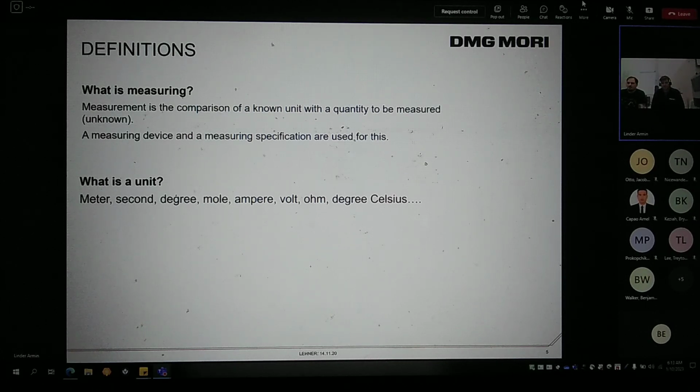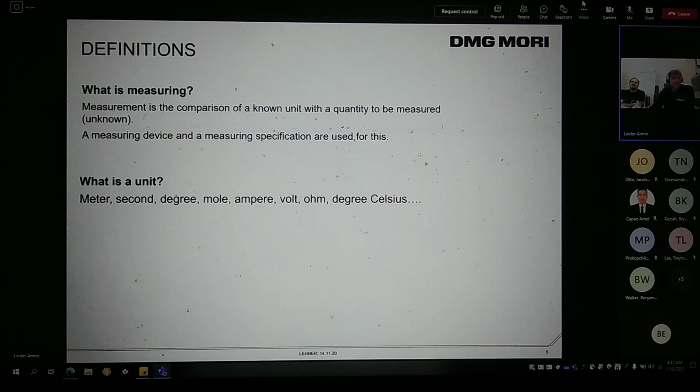Temperature is also something you can measure, like Celsius, or how is it in English? What do you have in the US? Fahrenheit, thank you. Yeah, that's also a unit to measure.